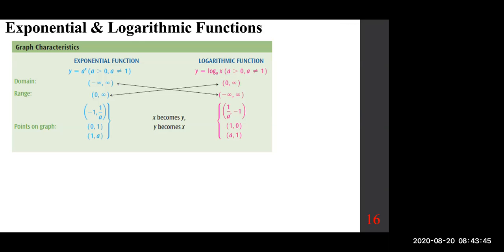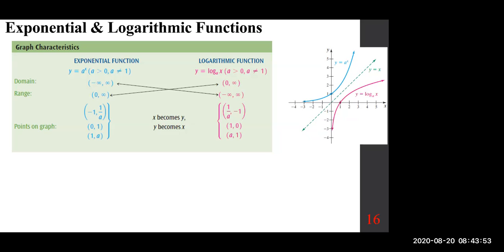The next thing, which is a big deal, is exponential and logarithmic functions. They are inverse functions, and as you remember, inverse functions have graphs that are symmetric with respect to the line y equals x. As an example, y equals a to the power of x versus y equals log x base a.